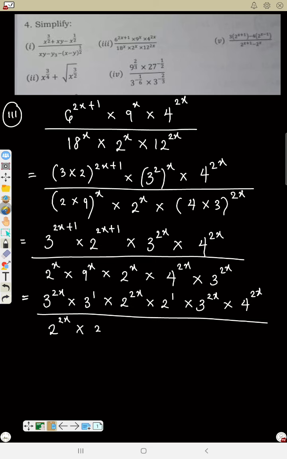Times 3 raised to power 2x, that is 9, because 3 squared is 9, times 4 raised to power 2x times 3 raised to power 2x. So now which terms will cancel out? You can see that 3 raised to power 2x will cancel out, 3 raised to power 2x will cancel out, 4 raised to power 2x will cancel out, 2 raised to power 2x will cancel out.